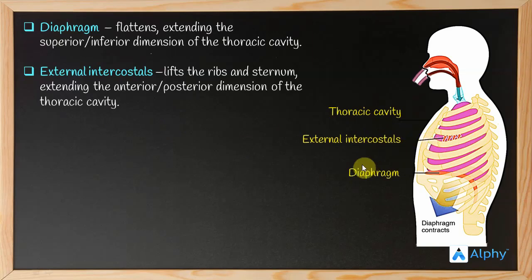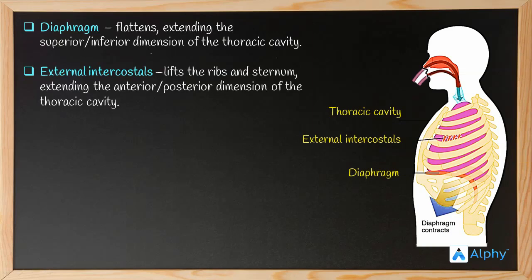So the size of the chest cavity has increased in the upper and lower direction by the contraction of the diaphragm, and in the front and back direction by the contraction of the external intercostal muscles. When we say the size has increased, it means the volume of the chest cavity has increased.